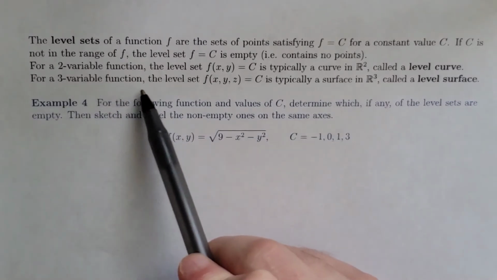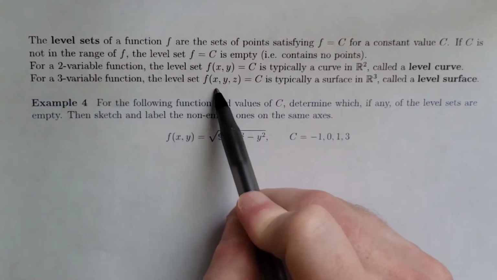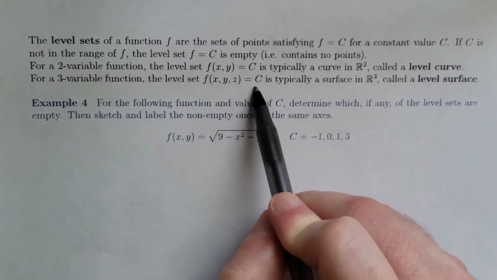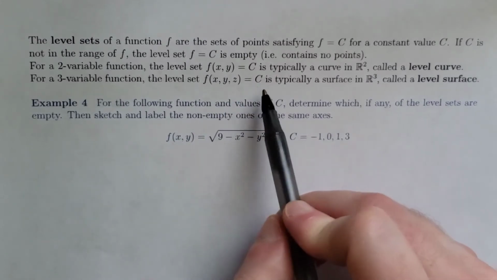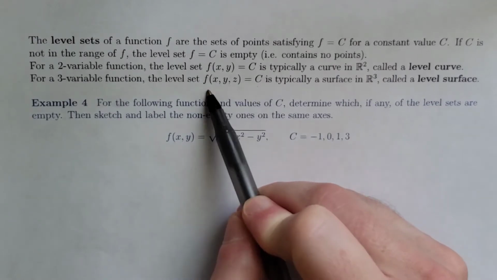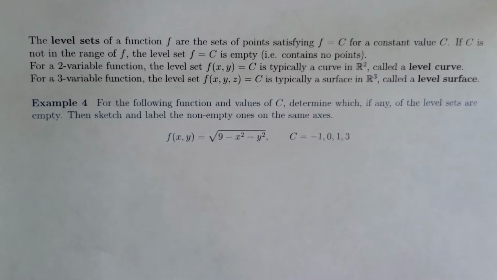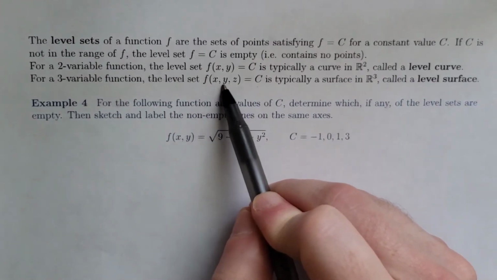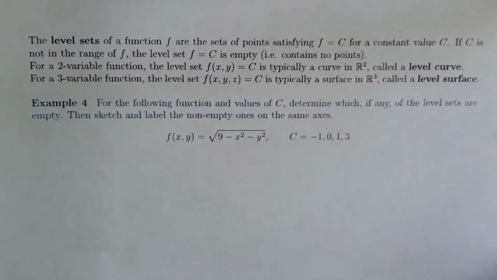For three variable functions, we have the level sets f of x, y, z is equal to c. So here what we'll have is a particular c value that is the output of our three variable function. And we want to look at the level surface that corresponds to that output value.